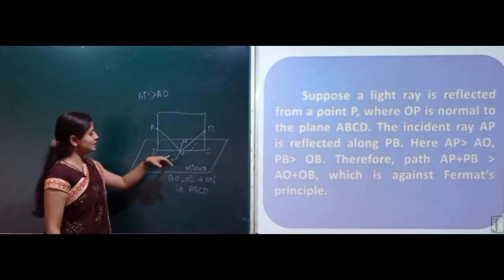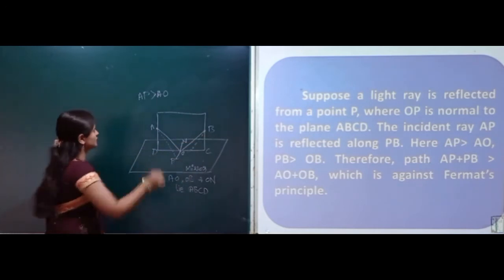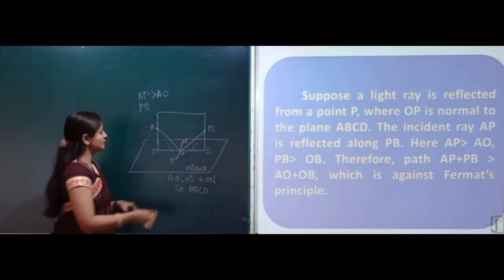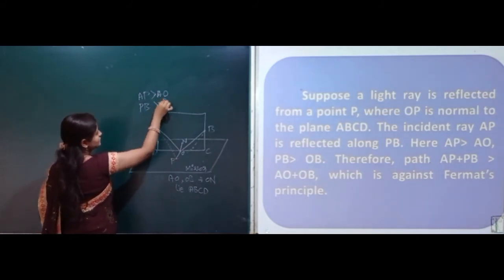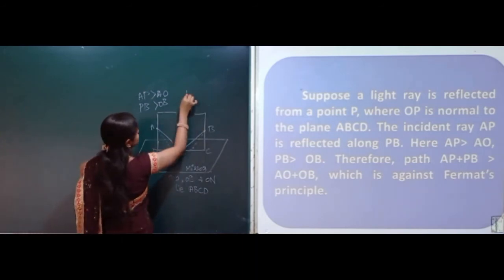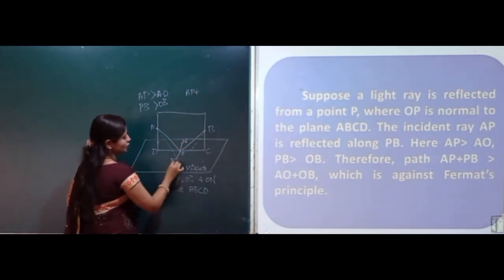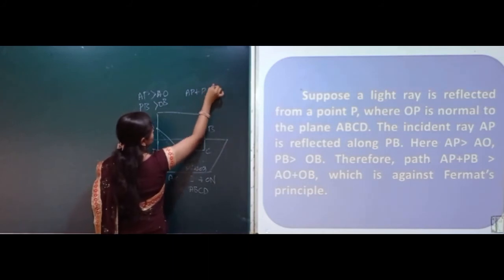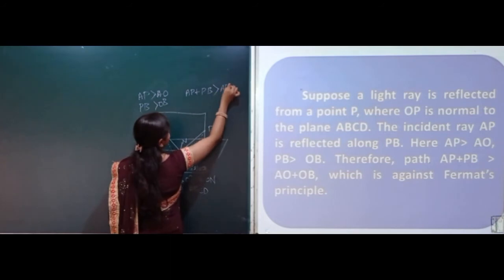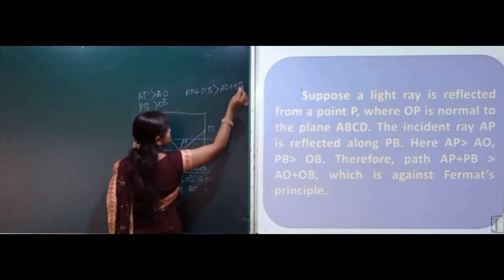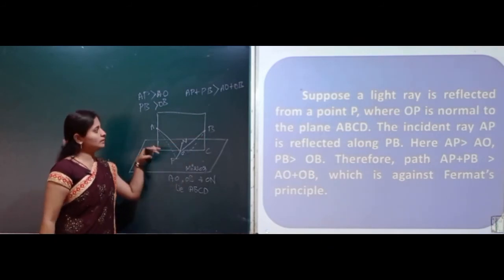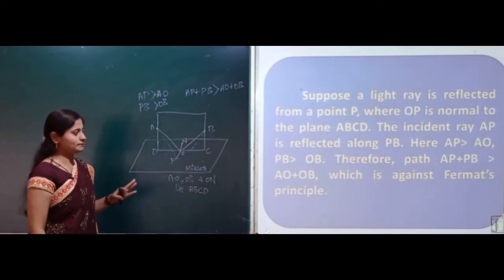Next, PB is greater than OB. So AP plus PB is greater than AO plus OB.